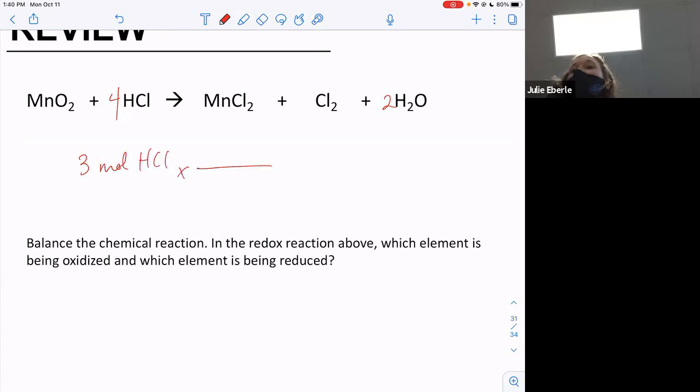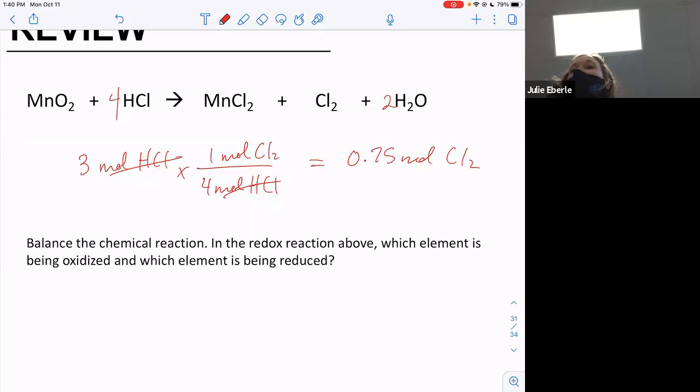You want to cancel moles of HCl and convert to moles of chlorine, Cl2, and the coefficient there is just 1. For every 4 moles of HCl, I'll produce 1 mole of Cl2. I just take that from the balanced reaction. So I cancel moles of HCl, and then it's 3 divided by 4, so 0.75 moles of Cl2 would be produced. Does that help?